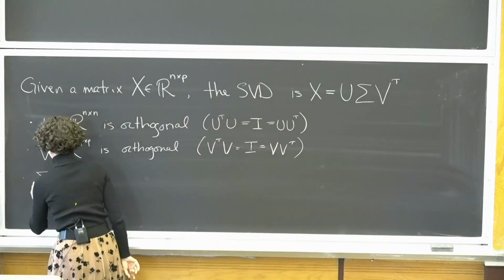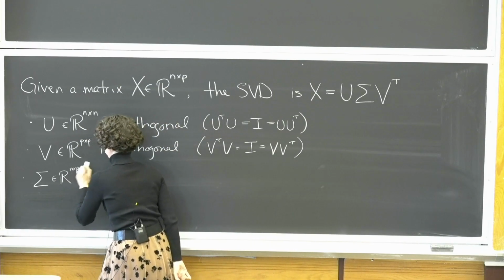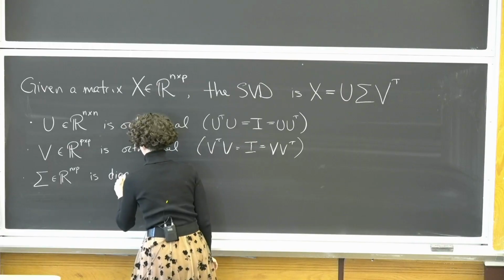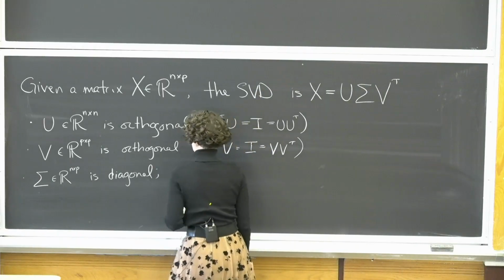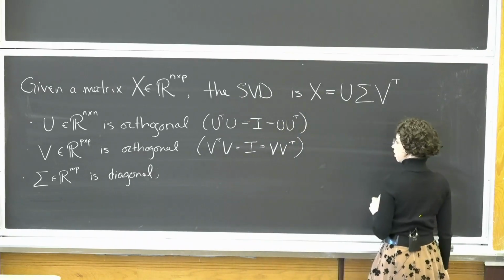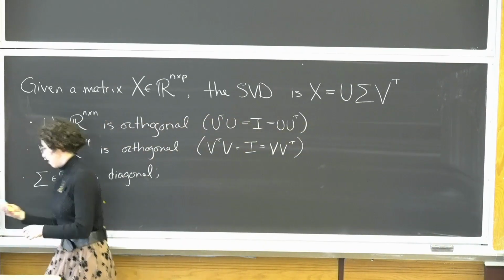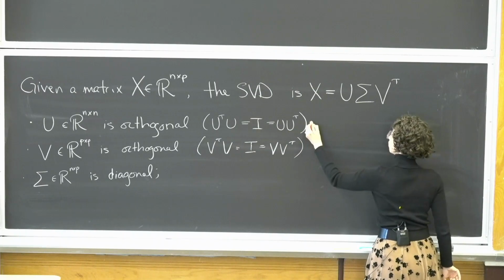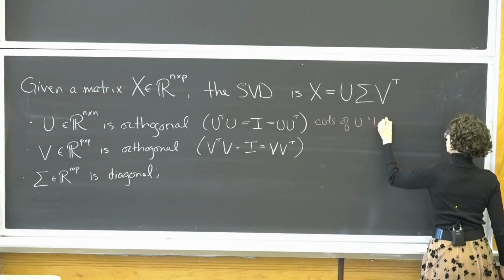But the final matrix sigma that goes in the middle here, this matrix is n by p, so the same size as X, and it is diagonal. So let me just flesh out what that looks like. But before I do, I just want to specify here that the U columns are called the left singular vectors.